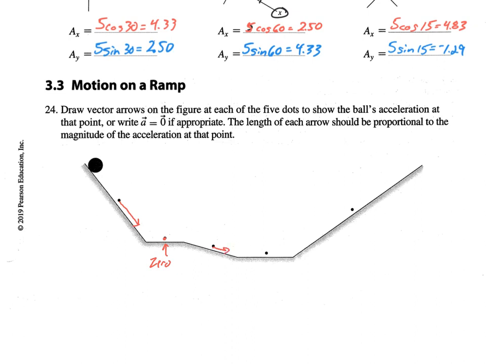I'm going to have a small acceleration there because it's a small incline. I have 0 here, and over here my acceleration is going to be a little bigger than this second one, maybe not quite as big as the first one, and that's all there is to that one.